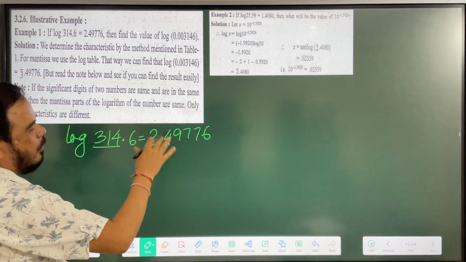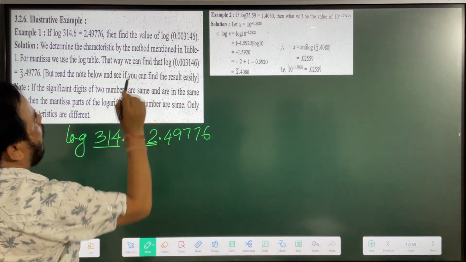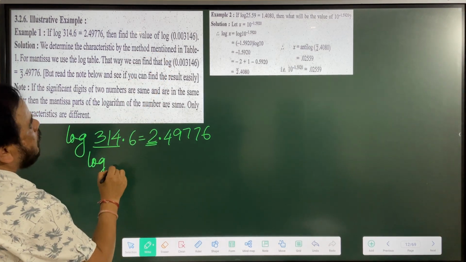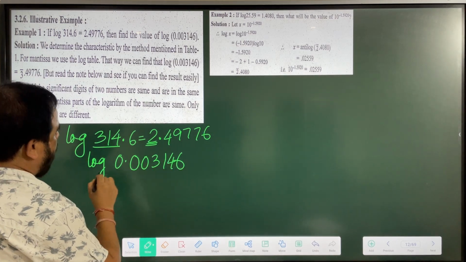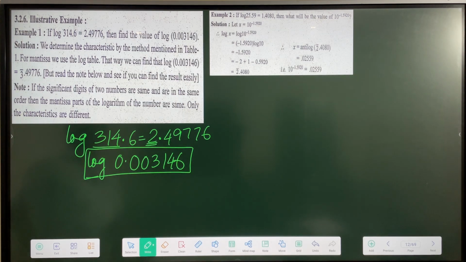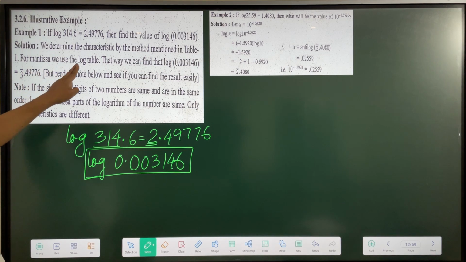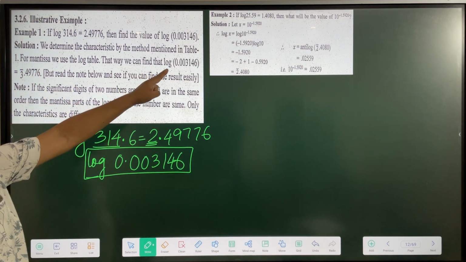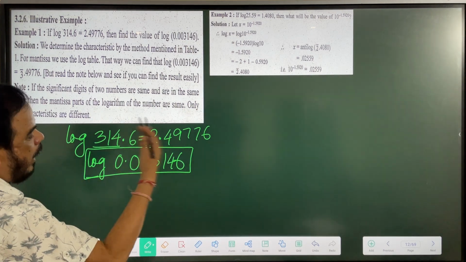With the help of the log table, they have already found it and given it here. Now find the value of log 0.003146. We determine the characteristic by the method mentioned earlier, and for the mantissa we use the log table. We will find the log of this with the help of the log table.